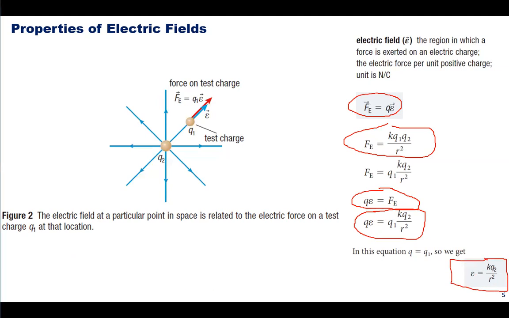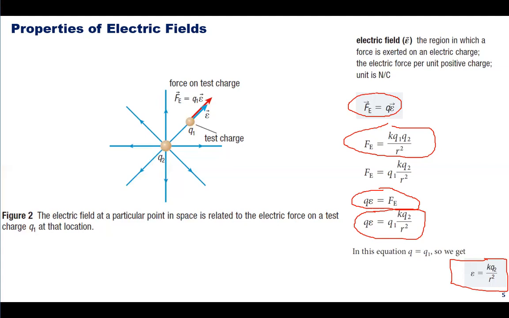The direction of the electric field, epsilon, lies along the line that connects the charge producing the field, Q2, to the point where the field is measured. The direction of the electric field is determined by a positive test charge. If Q2 is positive, then a positive test charge will be repelled away from it, and thus the electric field points in the direction away from a positive charge.